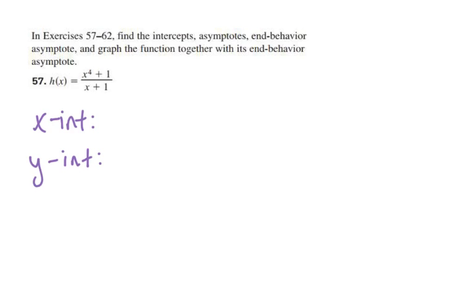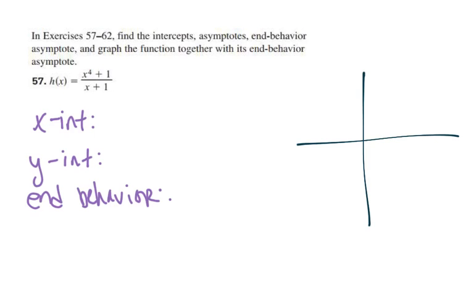And then end behavior. And then we also want a graph. So let's go ahead and start with our graph, because again it's a little easier to figure out what's happening if you have that graph to look at. So x to the fourth plus 1 over x plus 1.